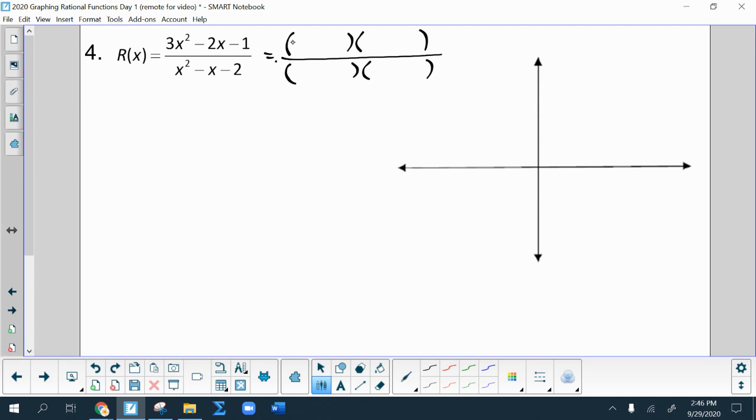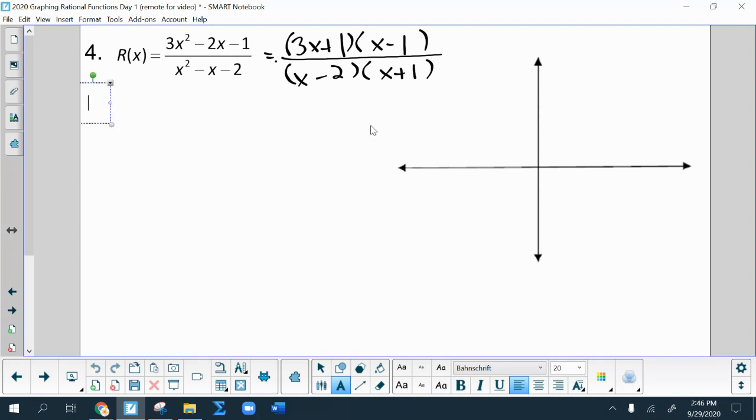So this factors into 3x plus 1 times x minus 1. And then the denominator factors into x minus 2 times x plus 1. So this is creating 2 x-intercepts and 2 vertical asymptotes right away that we can see. So my vertical asymptotes are x equals 2 and x equals -1.